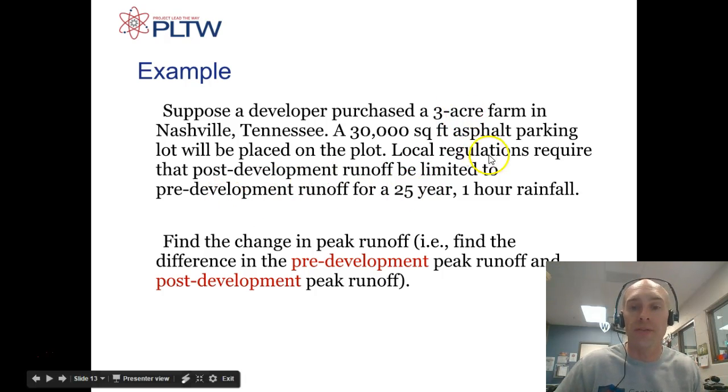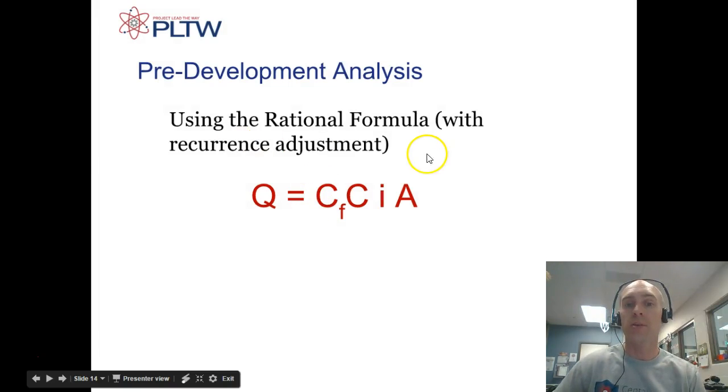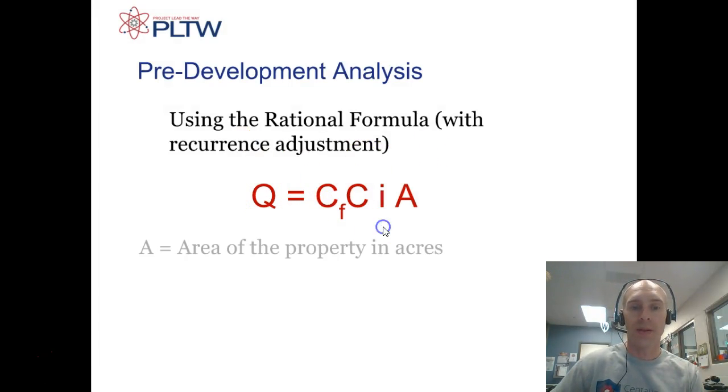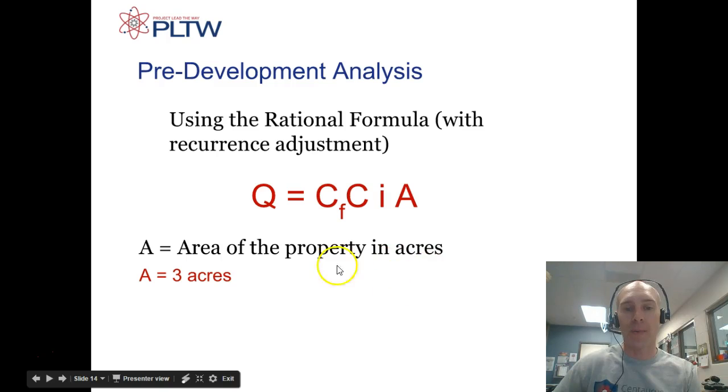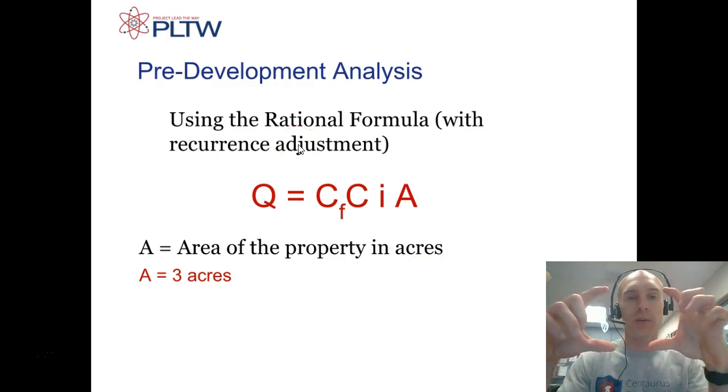So what we're doing is developing this by local regulations. It requires a 25-year 1-hour rainfall. That's what we have to develop it to accommodate. So we have to find the pre-development versus post-development. If we use the rational method, in this formula, A is the area of the property in acres. This is pre-development. So this is where you get your piece of paper out.